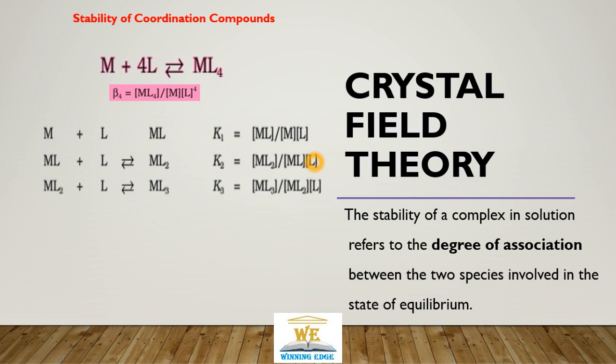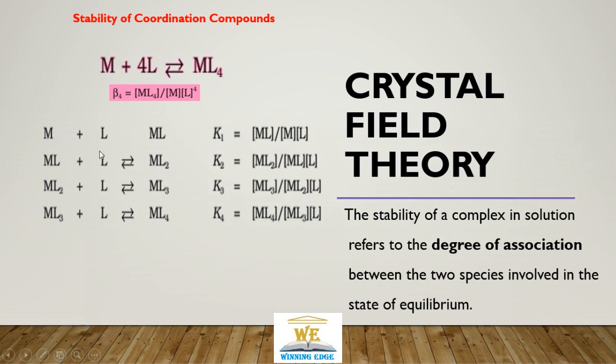Same thing goes for the third stage. Metal bound to two ligands combines with the third ligand, giving us ML3, having constant K3, ML3 divided by ML2 into ligand. Same goes for ML4, the fourth constant, ML4 divided by ML3 into ligand.